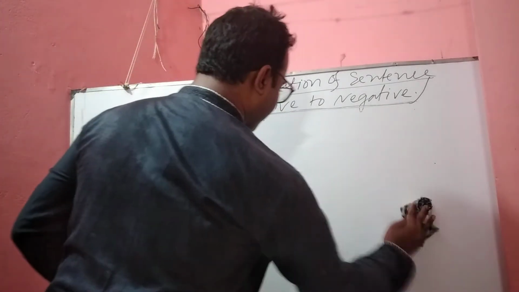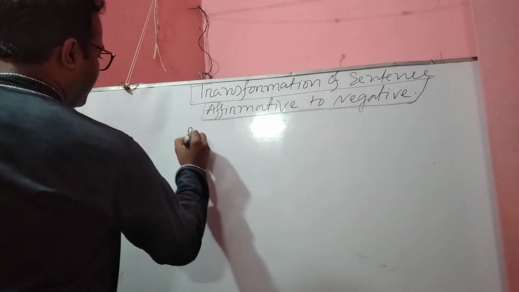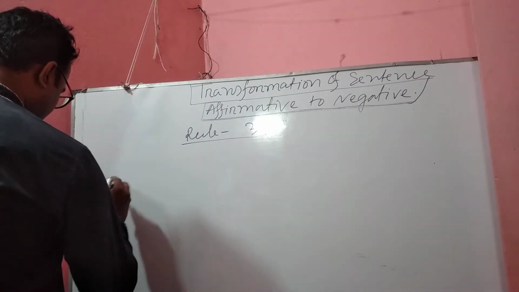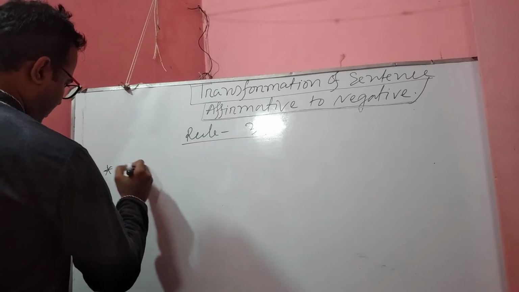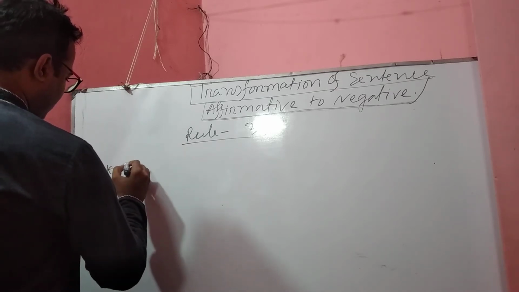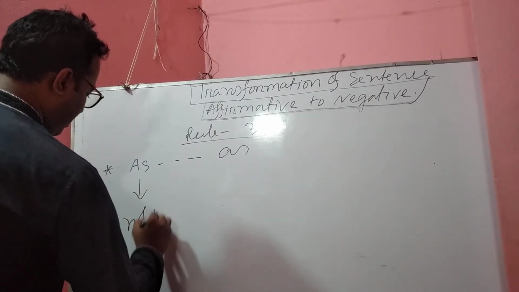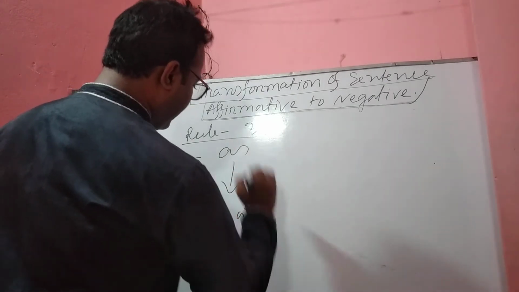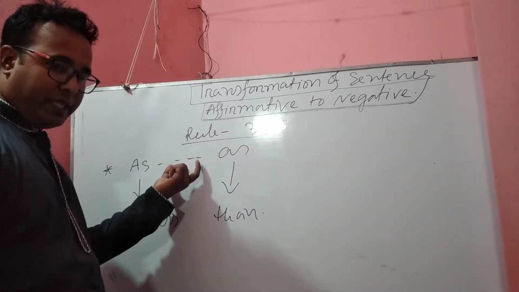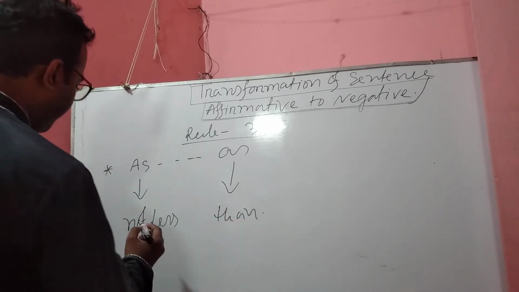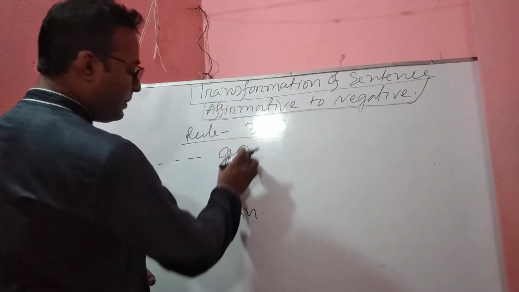Next. Rule 3. Not less than. It indicates that if you find as in a sentence, and between the two as you find a positive degree, then in changing to negative you can use not less instead of the first as, and you can use than instead of the second as.